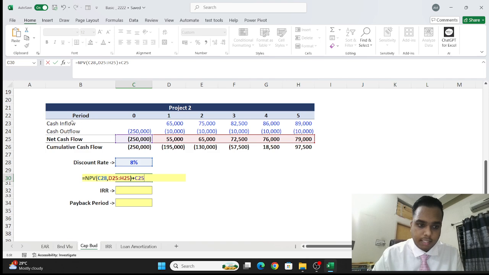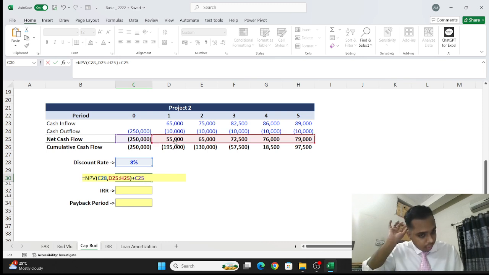So this is the cash inflows which came into the company, and this is the cash outflow, which is investment and the expenses of the company. Then we have the net cash flows. Net cash flows are the difference between the net cash inflow and the net cash outflow.